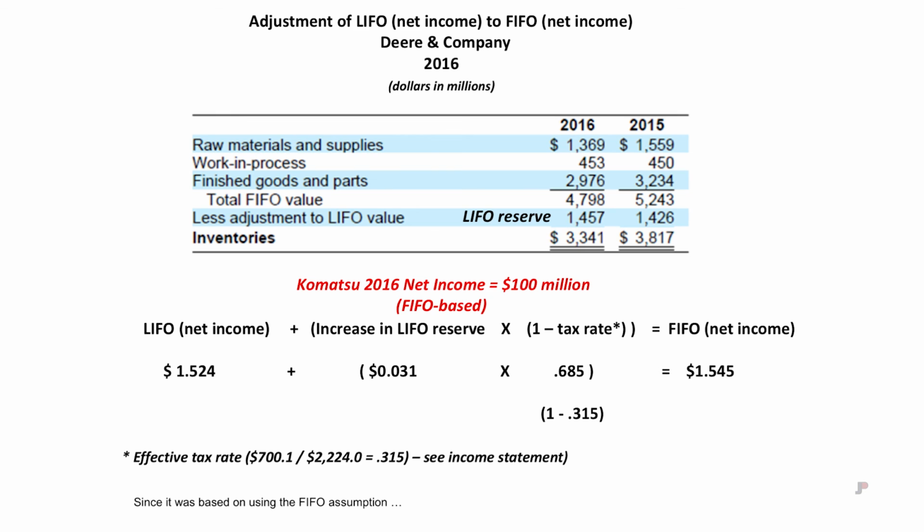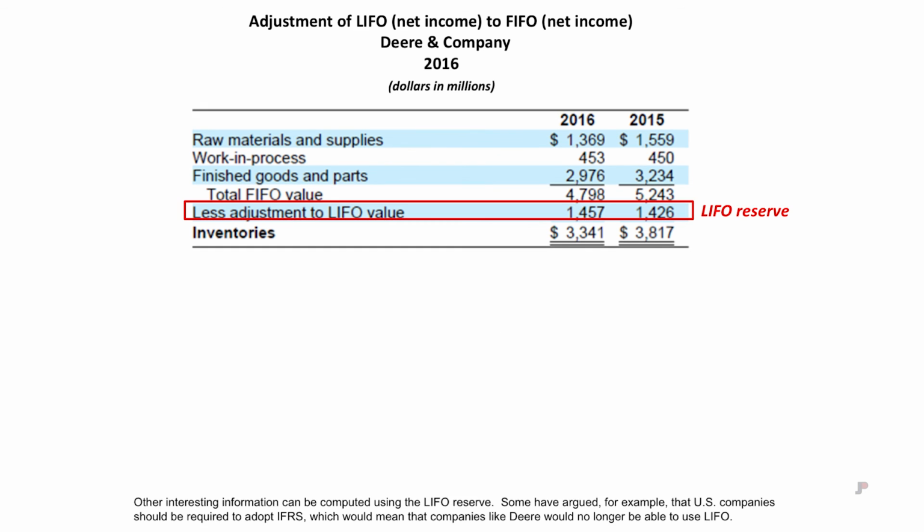Since it was based on using the FIFO assumption, the FIFO adjusted 2016 net income number of $1.545 billion would have been a more valid number to use when comparing Deere's performance to the performance of Komatsu. Using the $1.524 billion reported on Deere's income statement, which is based largely on LIFO, would have been like comparing apples to oranges. Other interesting information can also be computed using the LIFO reserve.